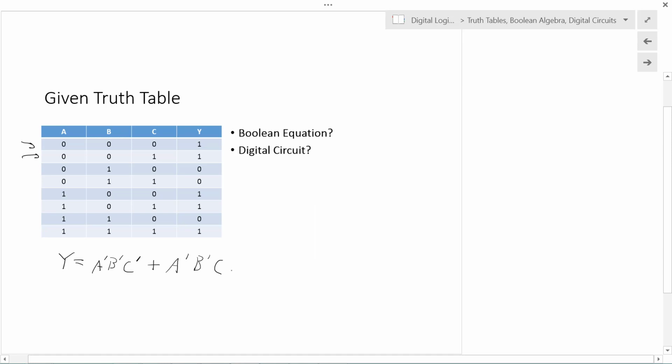So we don't prime it this time. Or Y is equal to 1, emphasizing or, A is equal to 1, and B is equal to 0, and C is equal to 0.